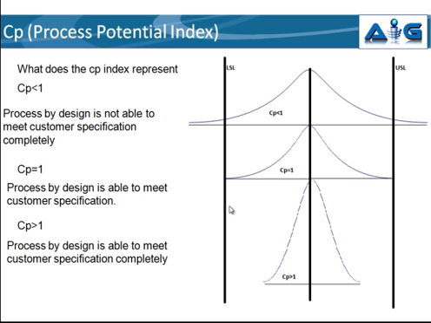And see here, you have a buffer. That means even if your process shifts from here to here, it will not create a defect. You have space for making error. See here, this is the space that you have, unlike when CP was equal to 1. Whenever CP is greater than 1, this is the best design possible. That means your process by design is completely able to meet customers' expectation.